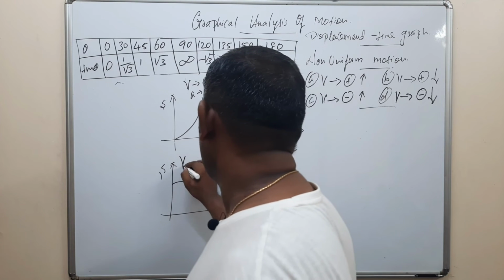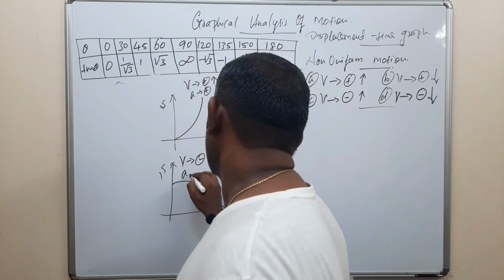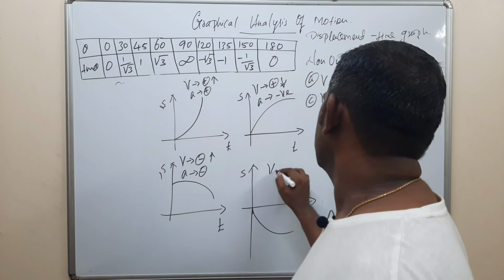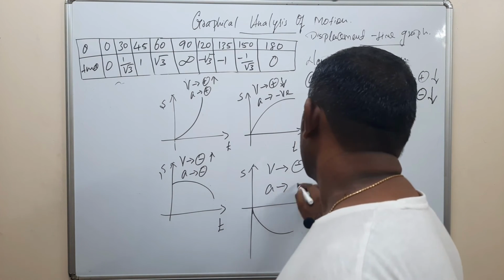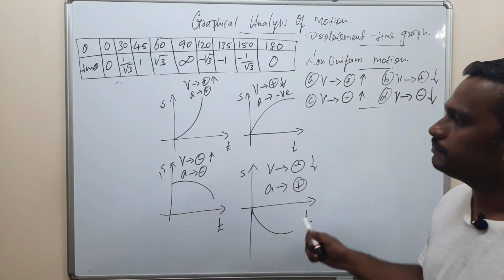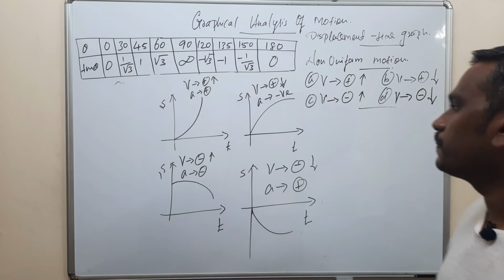Velocity negative increasing, acceleration negative. Velocity negative decreasing, acceleration positive. Okay, clear?